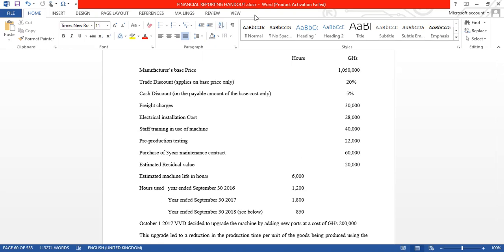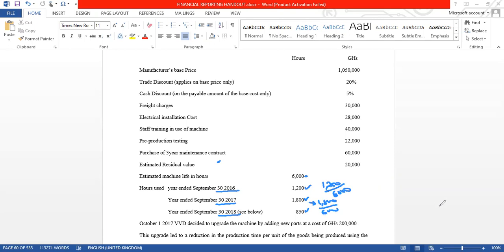Remember, in our quest to determine the depreciation, you need to take note. These are the timings, and these are the machine hours. The total estimated is here. So if you want 2016, you have to take 1,002 divided by 6,000. All right, for you to get the same here, you have to take 1,008 divided by 6,000.